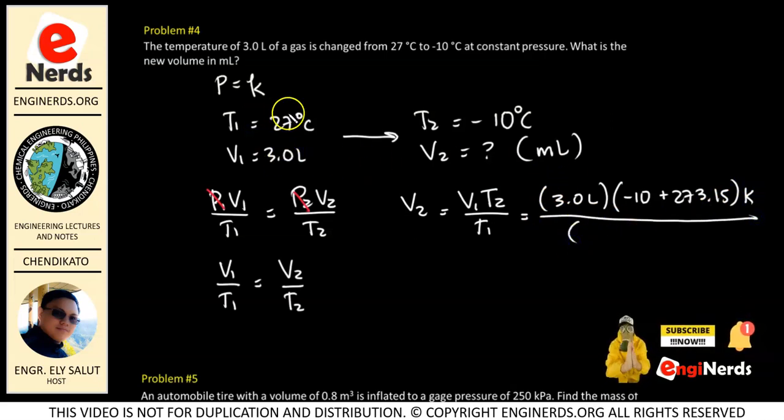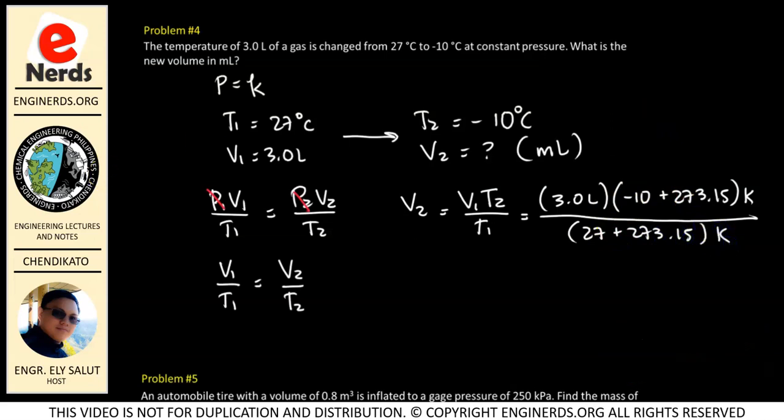Our T1 is 27 degrees Celsius. But we need to convert that to Kelvin, so plus 273.15, and this will be in Kelvin. So as you can see, our unit Kelvin will be cancelled out, so our answer will be in liters, no? So therefore, our V2 can be calculated.